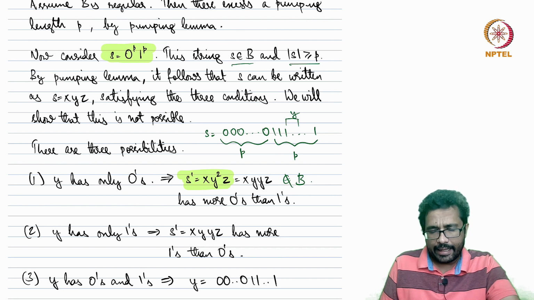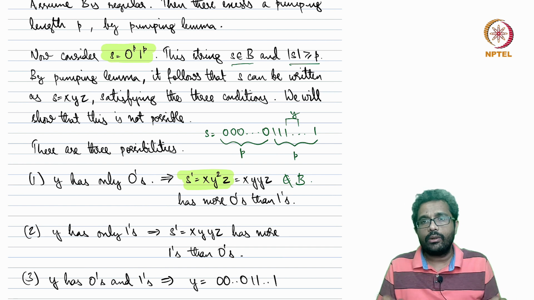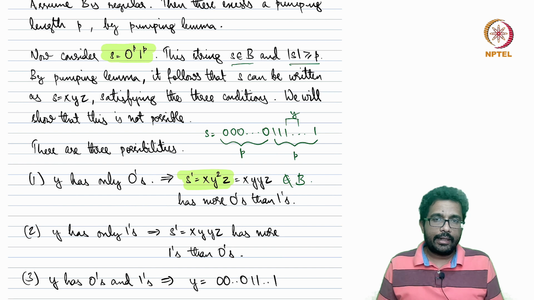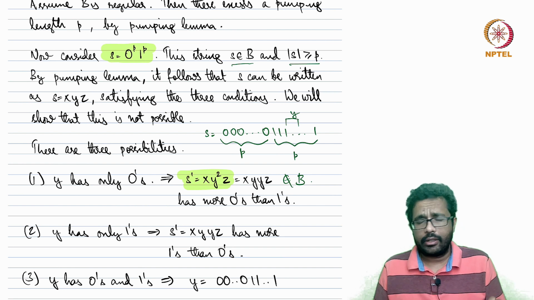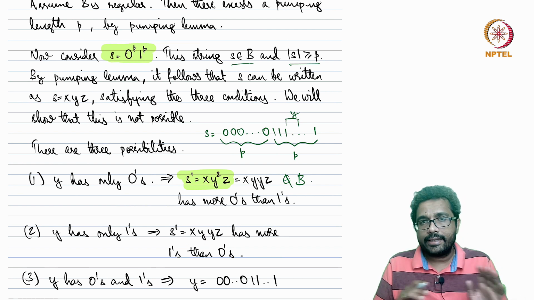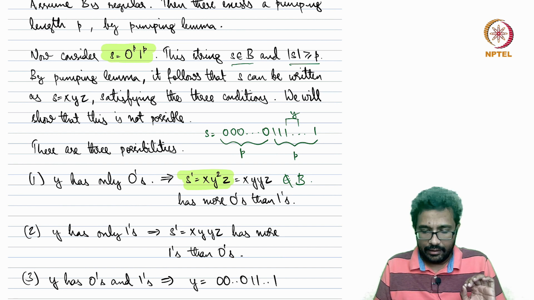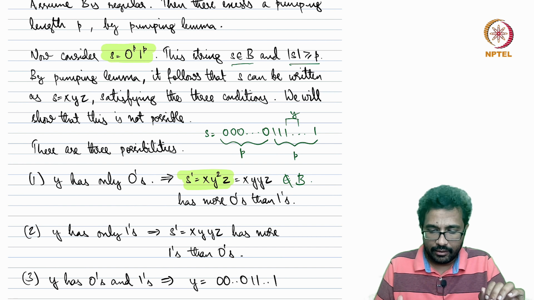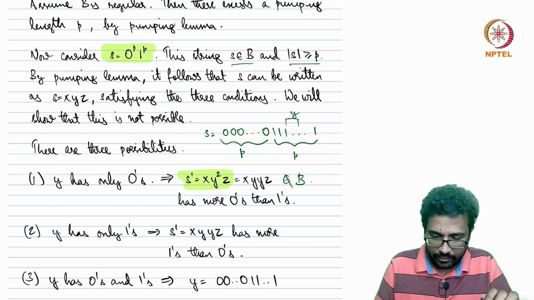So, x y y z will have more ones than zeros, because x y z had the equal number of zeros and ones, and y has entirely ones, and when you add one more copy of y, you end up having more ones than zeros. So this is what happens when y has only ones.